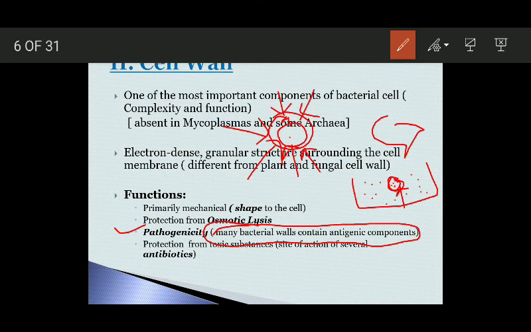Say this is the cell wall of a bacterial cell. It contains some molecules, and on the basis of those molecules, this bacterium is able to act as a pathogen. So you can say the cell wall gives pathogenicity to the bacterial cells.